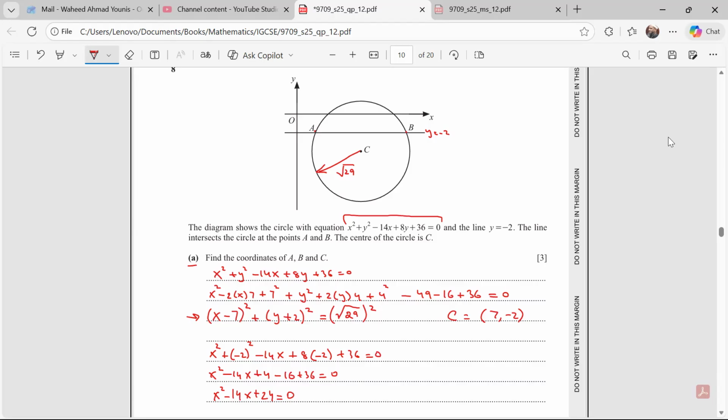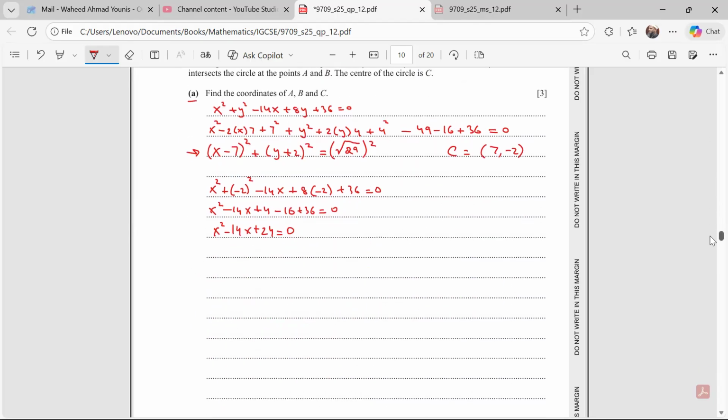Okay, now this is a quadratic equation, so I can solve it. You know x equals minus b plus minus under the root b squared, so 14 squared minus 4 times a times c, which is 24, divided by 2a.